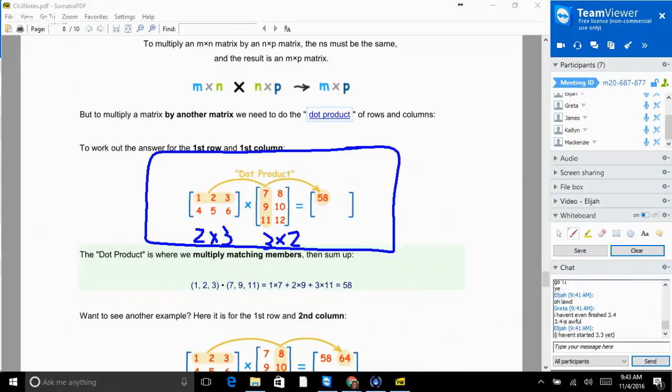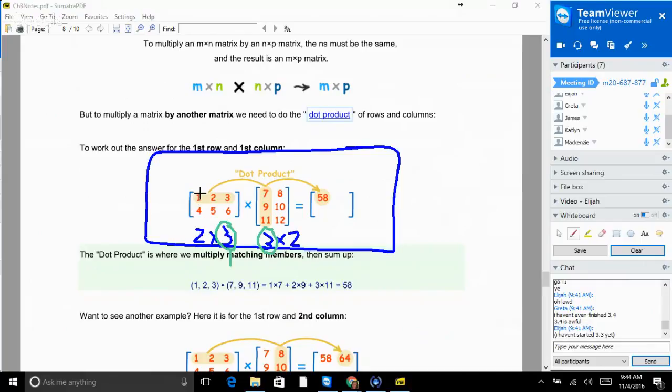I can, however, multiply them together, because in order to multiply two matrices together, these two numbers right here have to match each other. What these numbers represent is the number of columns.